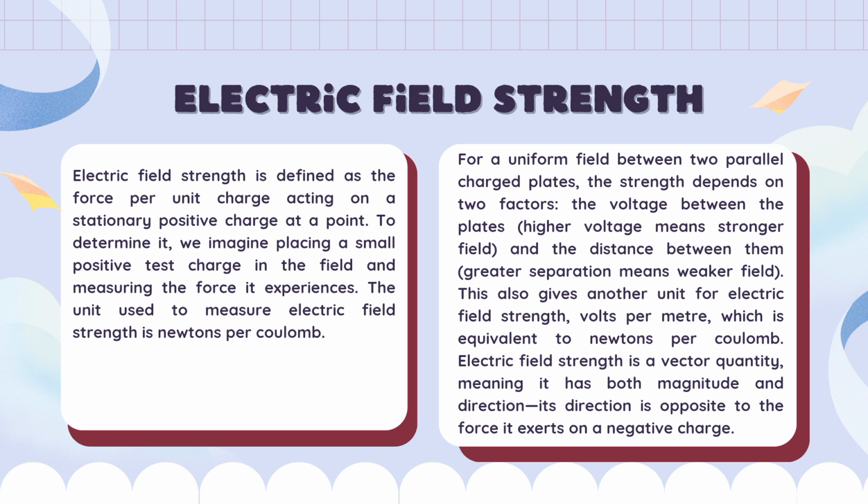This gives us another unit for electric field strength, volt per meter, which is equivalent to newton per coulomb. Electric field strength is a vector quantity, meaning it has both magnitude and direction. Its direction is opposite to the force it exerts on a negative charge.